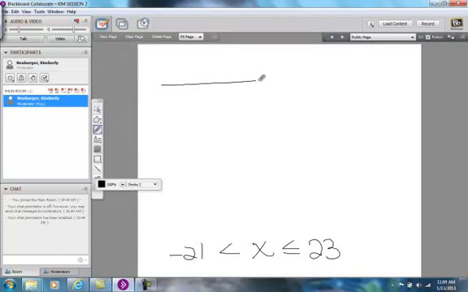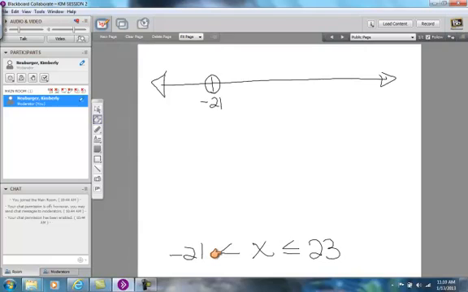On a number line, that means that if we're in set-builder notation, at negative 21, we will have an open dot because we do not have a line underneath the inequality that's next to our negative 21. At 23, which will be up here, we will use a solid dot because we have a line under the inequality that's next to 23.